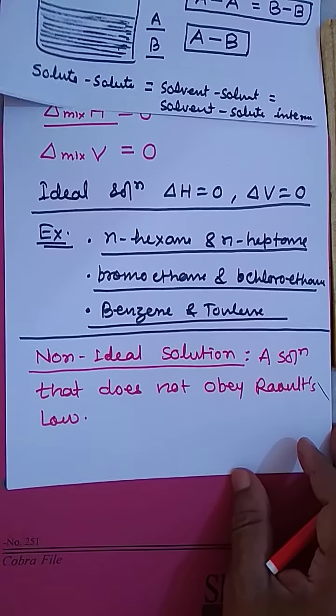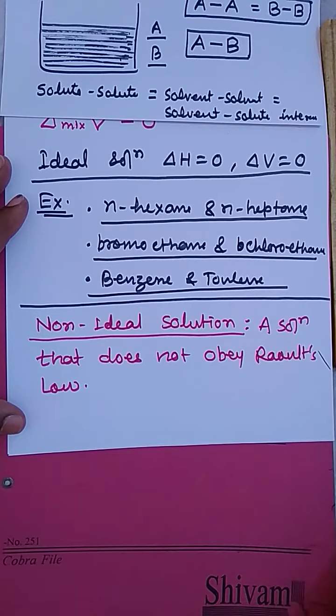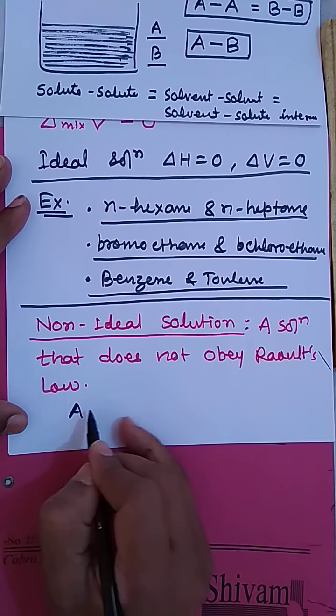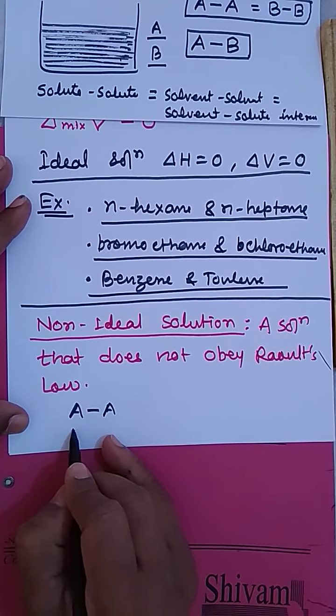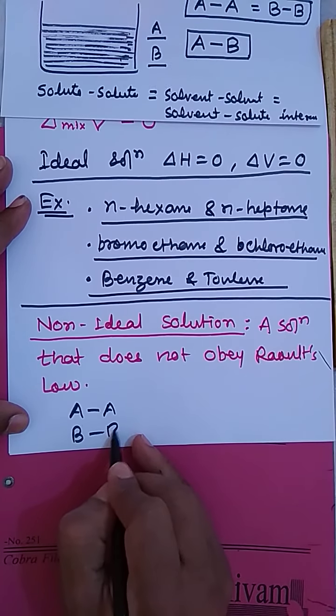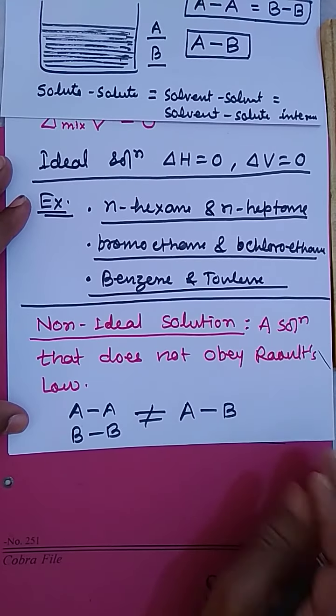So according to above discussion, you can say in such type of solution, AA interaction and BB interaction is not equal to AB interaction, right?